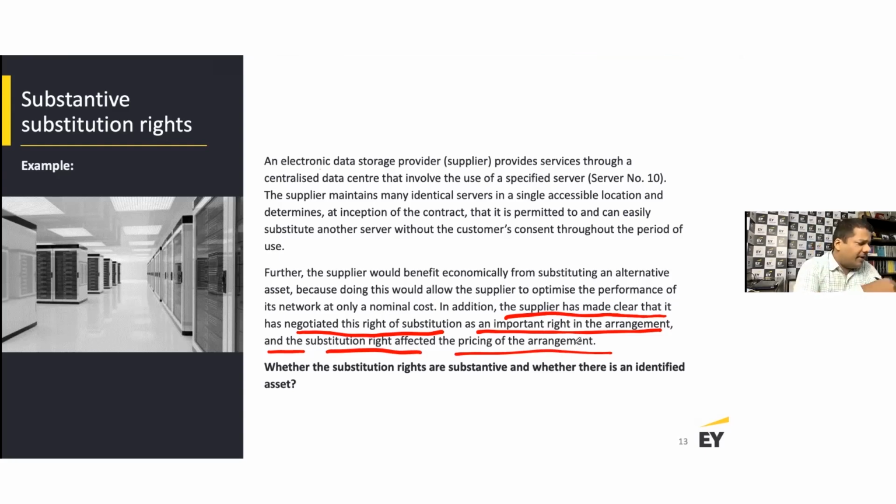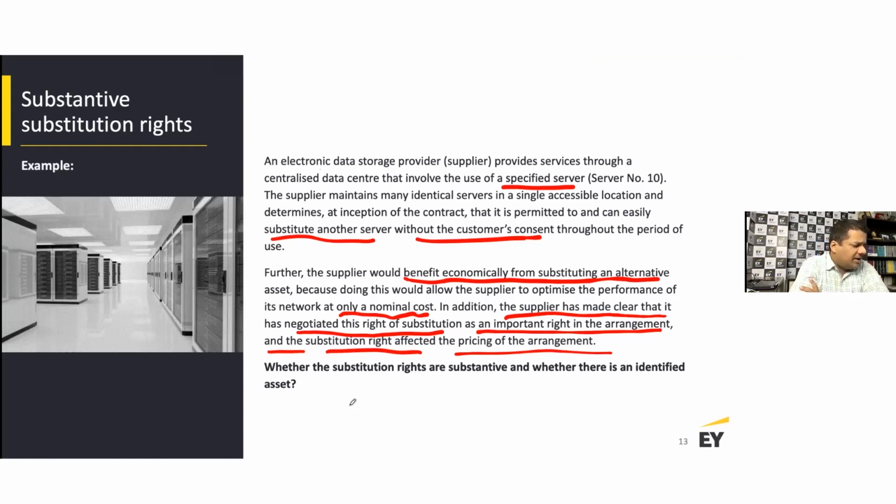So if you look at the fact pattern, it says that I am going to provide you a specified server, but I can replace it with another server without the customer's consent, and I will benefit economically from substituting, and I can do this at only a nominal cost, and I have bargained for this as well.